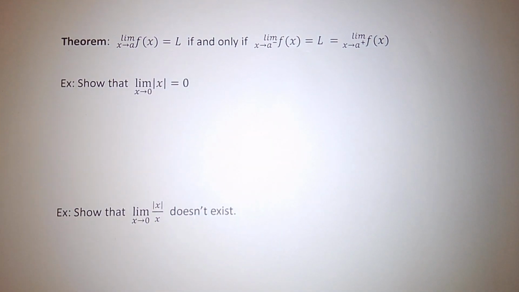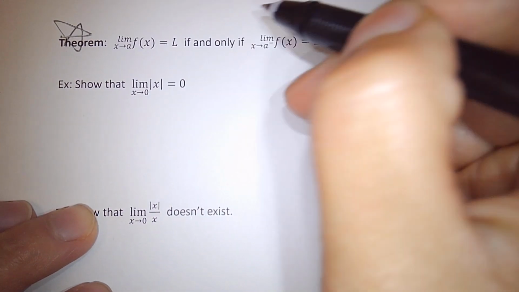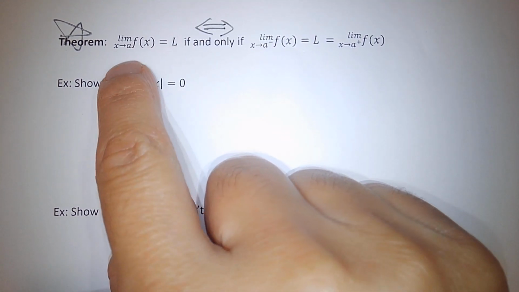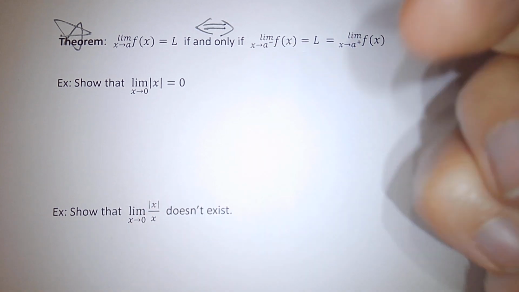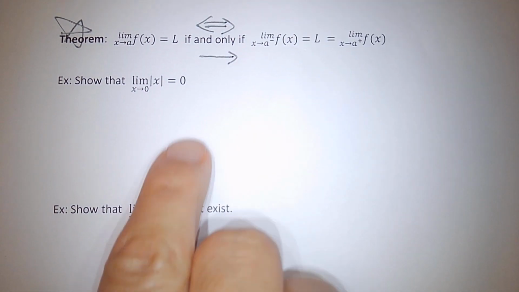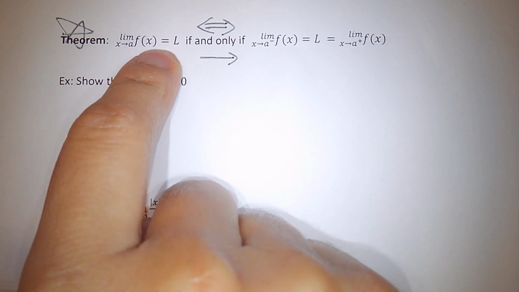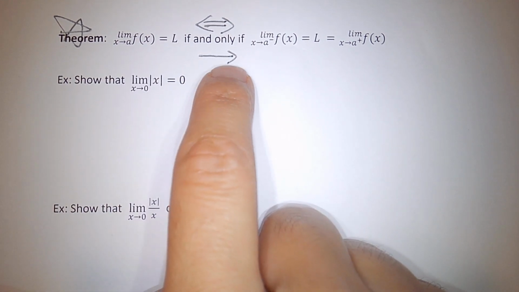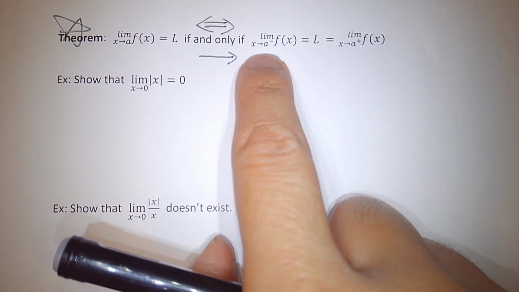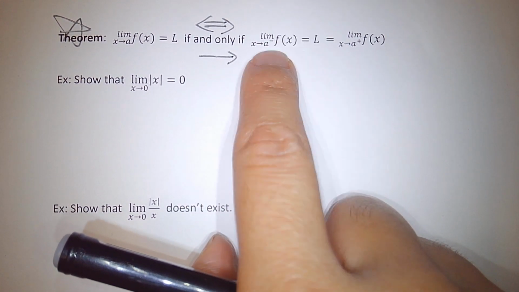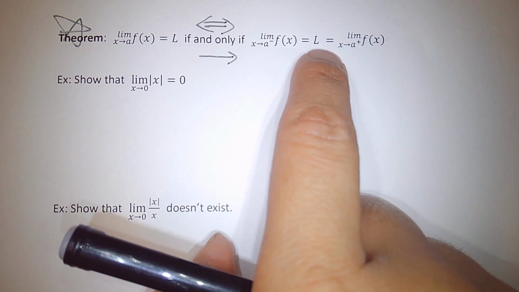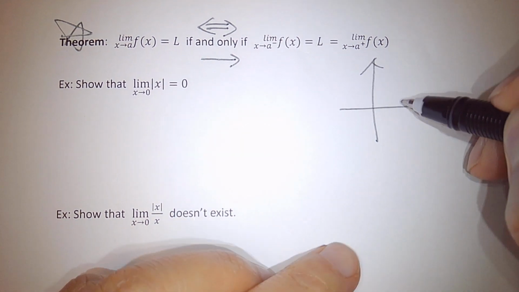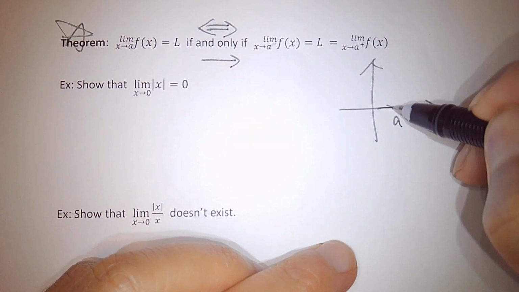So what does this theorem tell us? If and only if means equivalent, so it is true in both directions. If the limit of f of x equals L as x approaches a, it implies both one-sided limits must exist, and they both equal the value L. Remember the graph we talked about, where x approaches a from both sides.